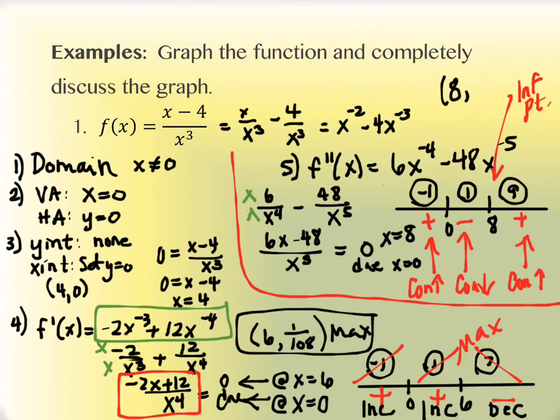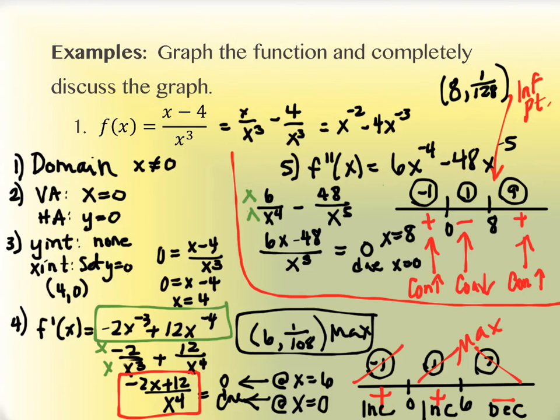Okay, 512. A couple of you left it in. 512 look good? So we're going to have 4 over 512. What does that reduce to? 1 over what? 128. So again, a very, very small but positive number. Okay, so it's going to be above the x-axis, but just barely.